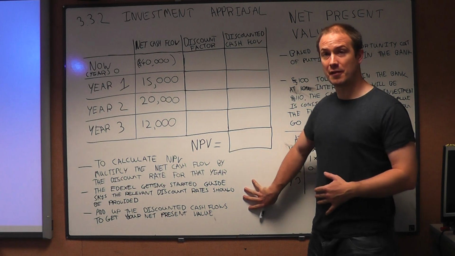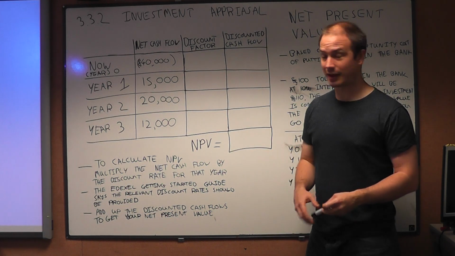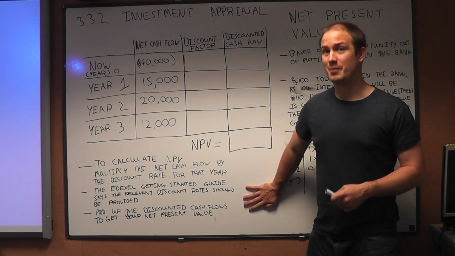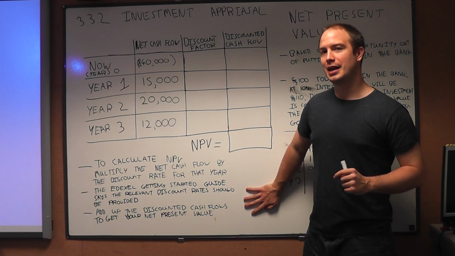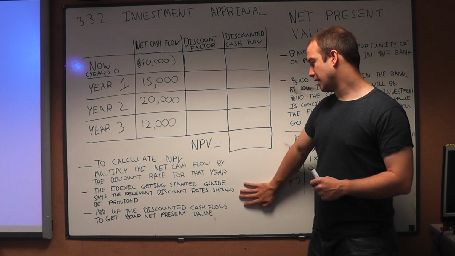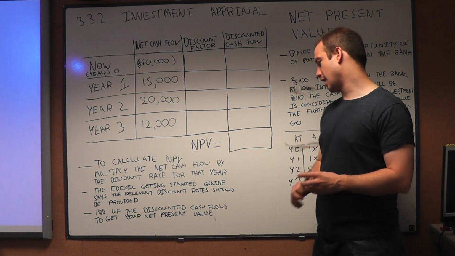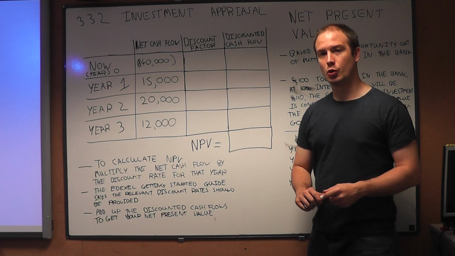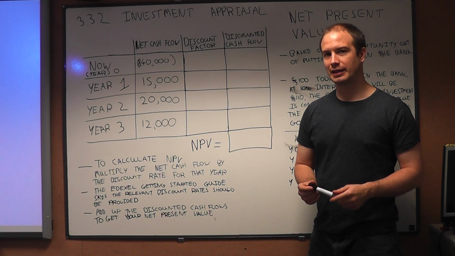So if this is very complicated for you to calculate the discount rate, don't worry about it, but I am going to look a little bit at where those numbers come from today. After that, you add up the discounted cash flows to get your net present value.